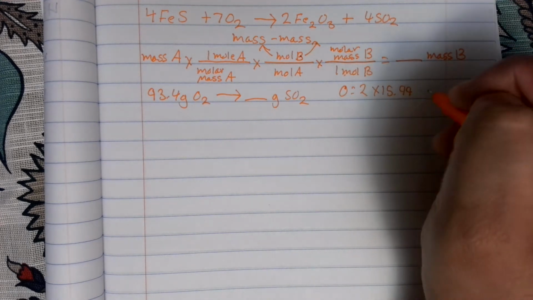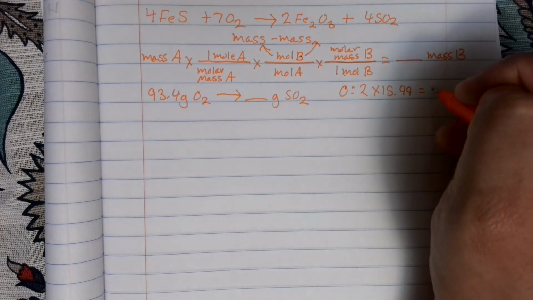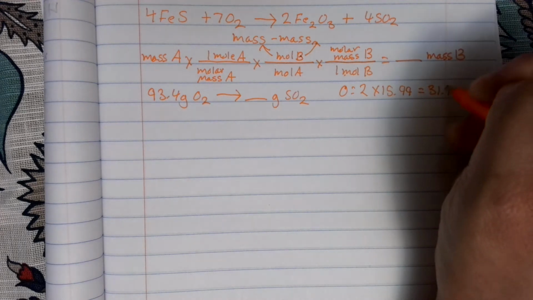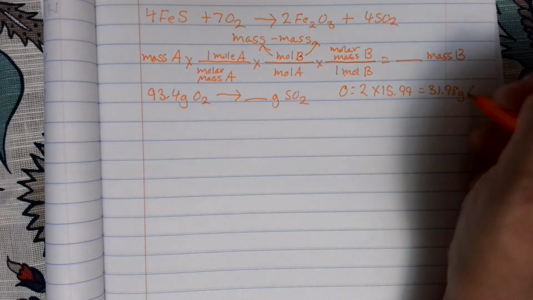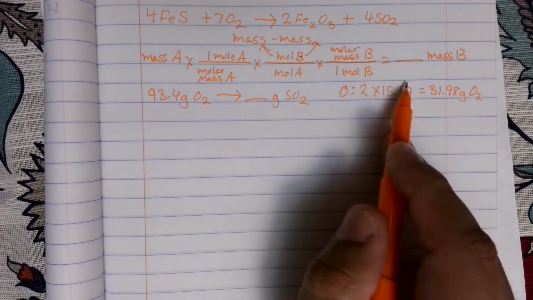Yeah, that was correct. And then that is going to yield a total of 31.98 grams of O2. Okay, so that's the molar mass of A. So we now know that.